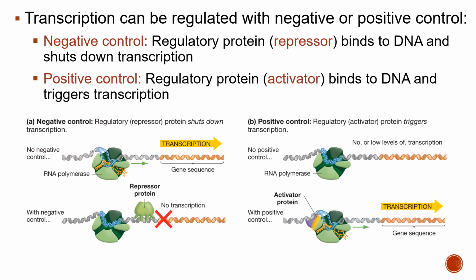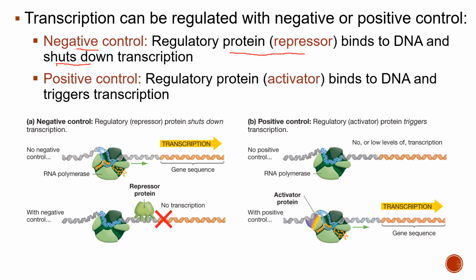So now if we look at how we can control transcription, it can be controlled in a negative or positive manner. First, negative control: some genes can undergo negative control, meaning there's a regulatory protein called a repressor that binds to the DNA, and as the name implies, it shuts down transcription.